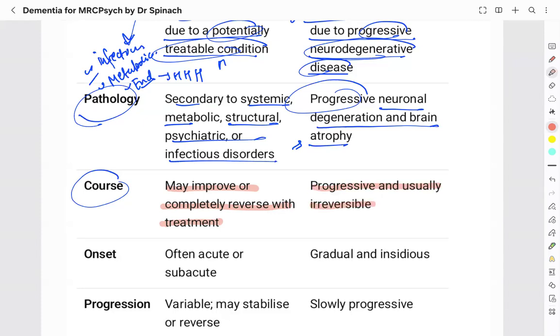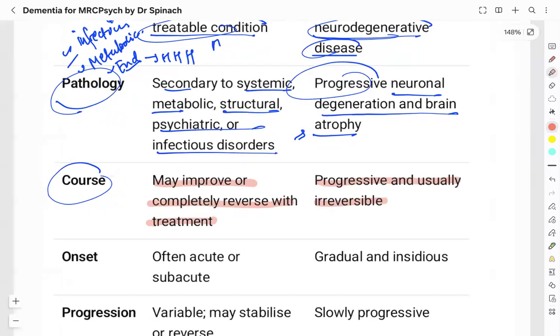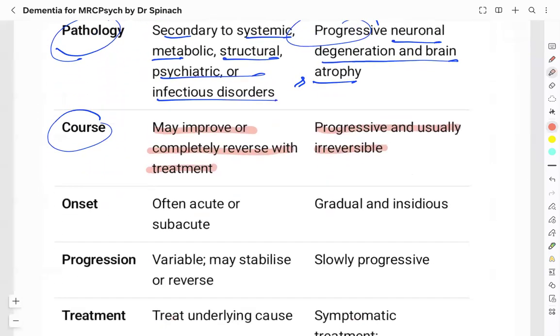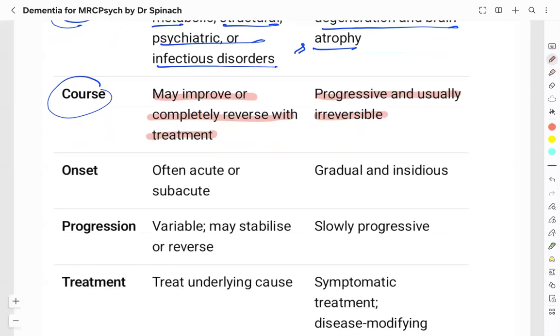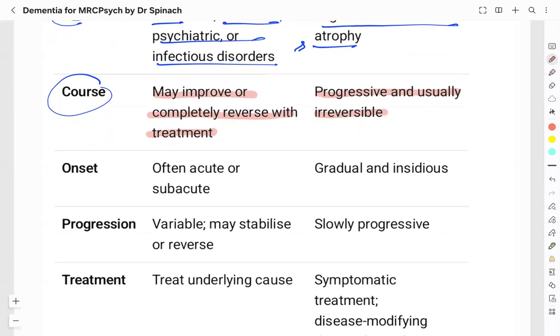Treatment will just prolong the disease, but it will not completely reverse it. It won't make the person come back to their usual form or usual memory.